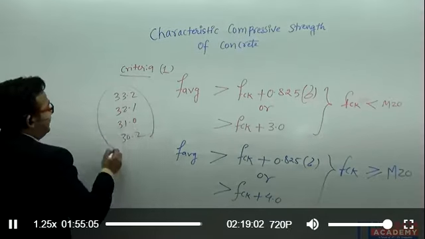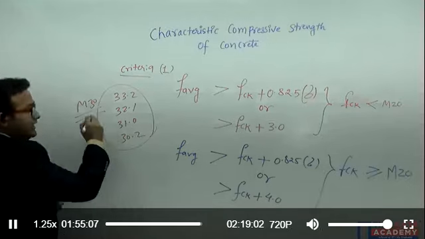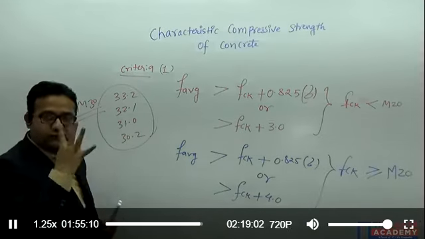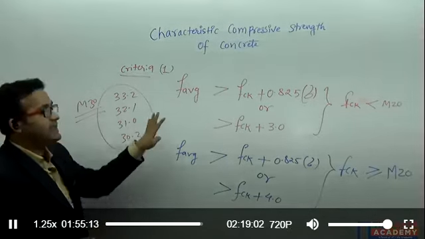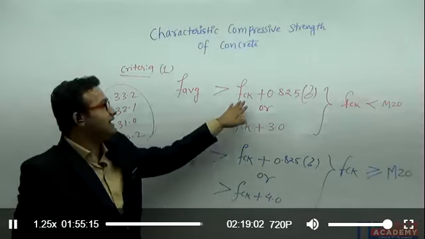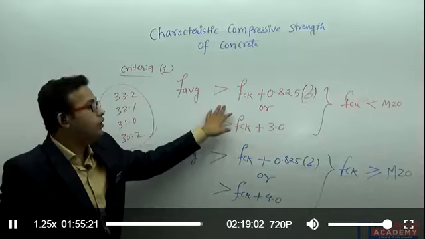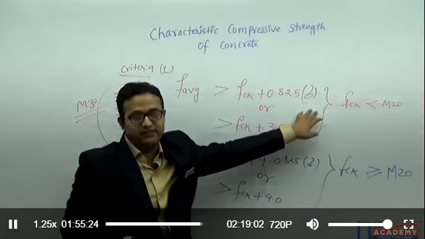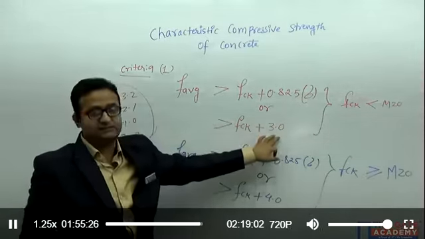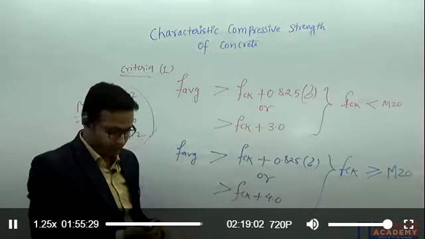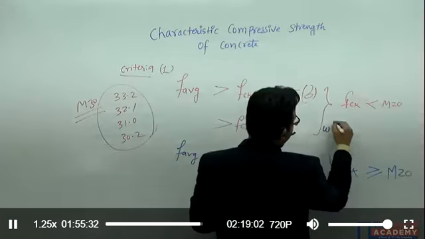Suppose this grade I have prepared for M30. For M30 grade of concrete, I have prepared the total 4 cubes. I took the strength, as average strength I took F average, and then I saw my F average should be greater than FCK plus 0.825 sigma or FCK plus 3, whichever is maximum. So I can write here whichever is maximum.